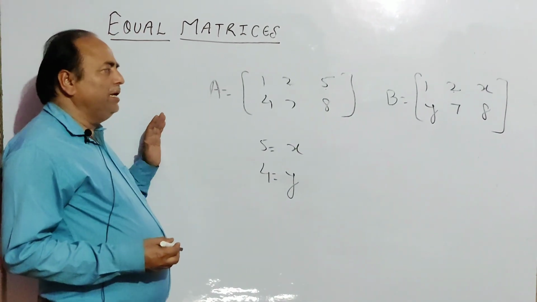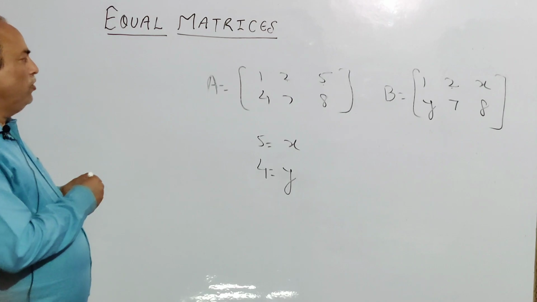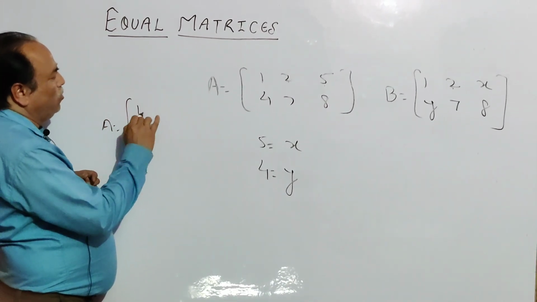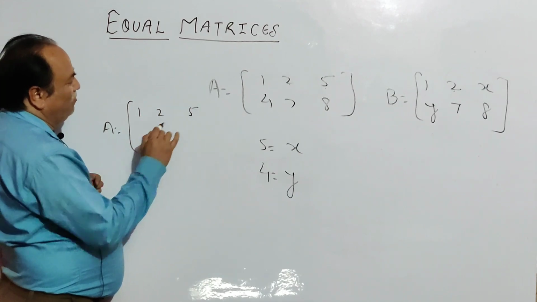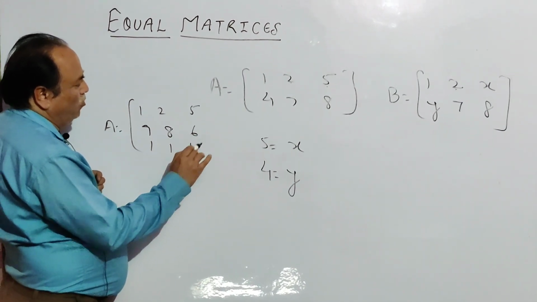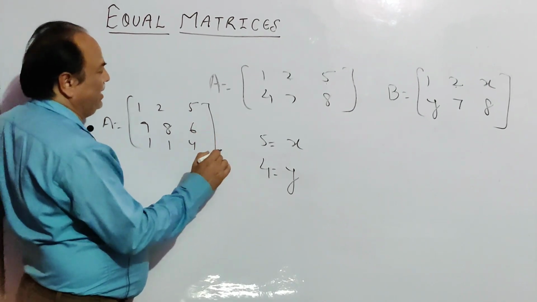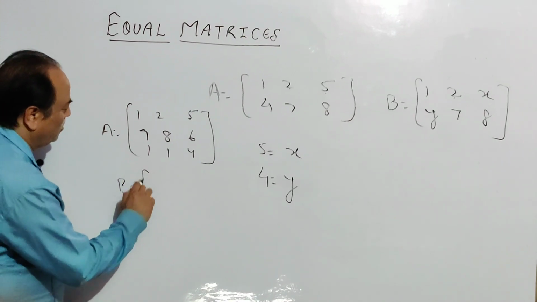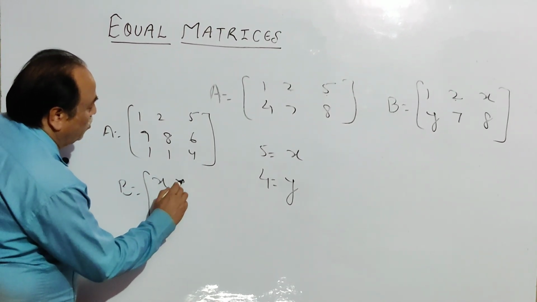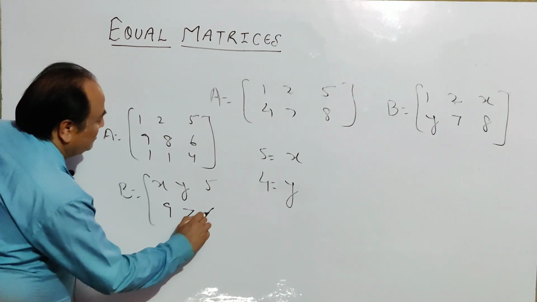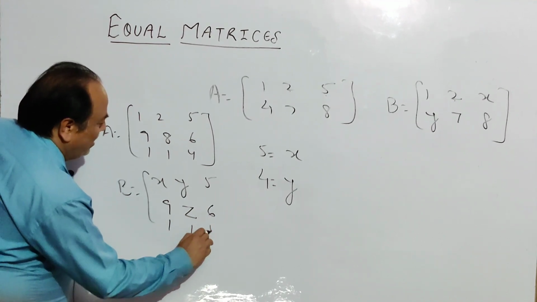And then you can take another example of order 3 into 3. For example, A is equal to 1, 2, 5, 9, 8, 6, 1, 1, 4, and the matrix B is equal to x, y, 5, 9, z, 6, 1, 1, 4.